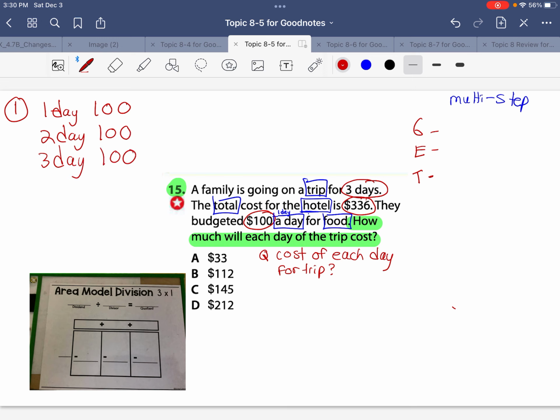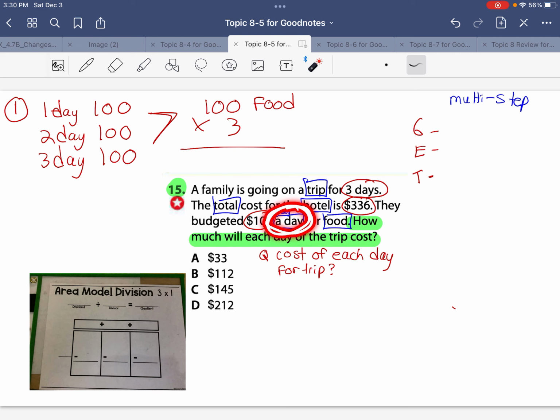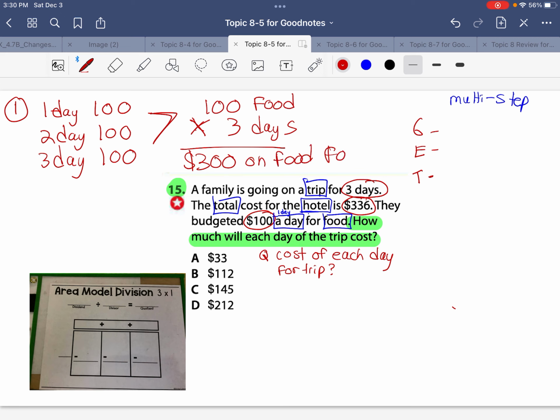So technically, I can just say, I need to do 100 times 3 because they're spending $100 for food a day, and their trip is 3 days long. So when I multiply that, that's going to come out to $300 that they spend on food for those 3 days.